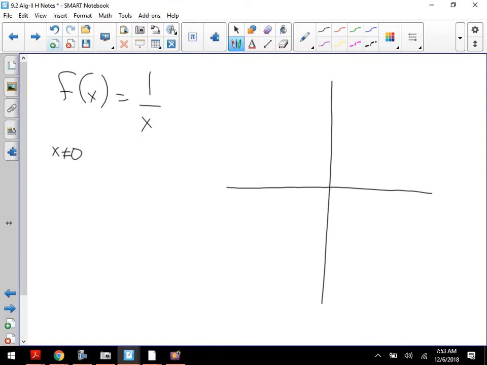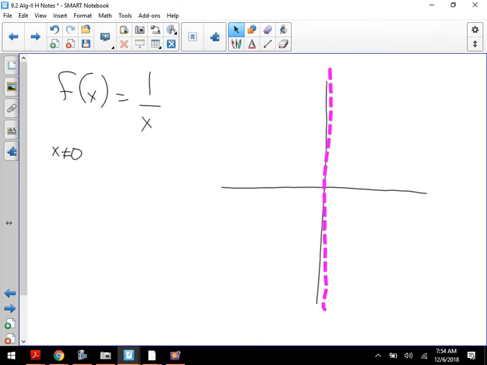Okay? So x can't equal 0, and anything that you have x equal a number is always a vertical line. So what happens is we get this vertical asymptote at x equals 0. Sorry that it's not straight, but you get the idea.